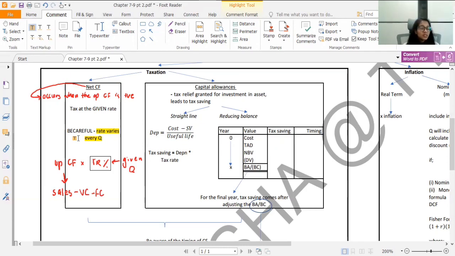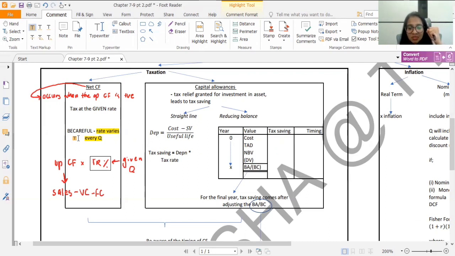So because the questions for the most part is 30%, what happens is when you are rushing, when you don't pay attention to the details in the question, there is a possibility that you will accidentally take 30% when in reality, the question may actually only give you 28% or 21%. So you just need to be careful of that because I don't want your brain to work on default. Look at the question, find the tax rate.